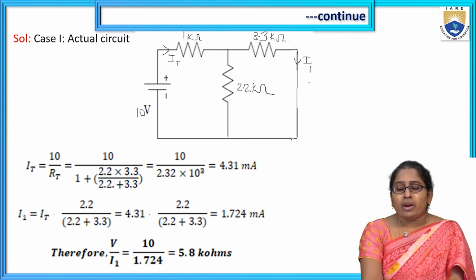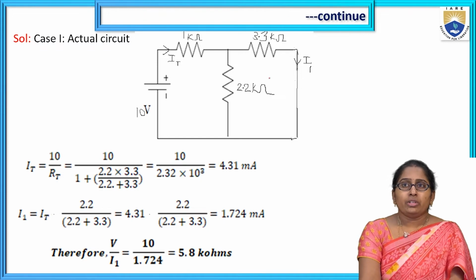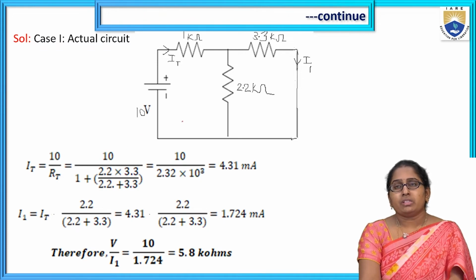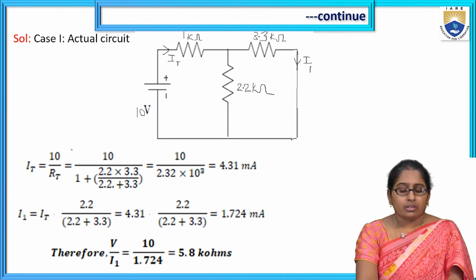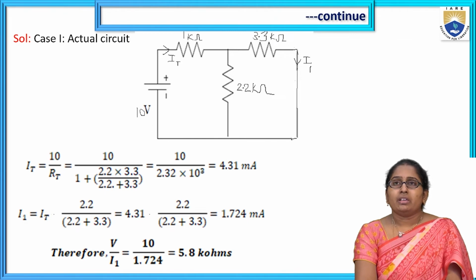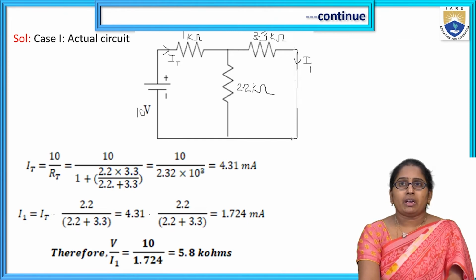So how to find this I1? We can solve this circuit in different ways. The method I have taken is this: I first find the total current in the circuit, the total current coming from the input voltage.